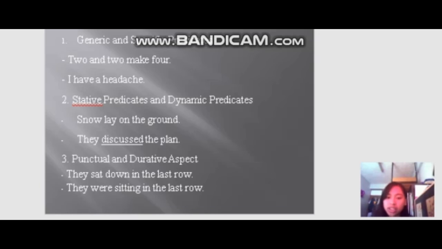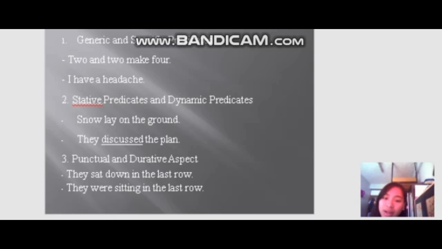Stative predication relates a situation that does not change during the time when the predication is valid, like enjoy, fear, hate, want, and wish. For example, snow lay on the ground. Second, they discussed the plan.